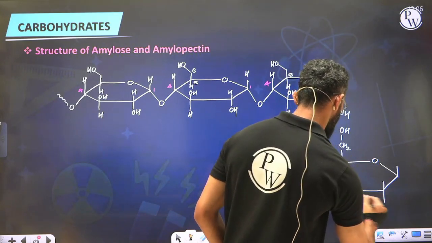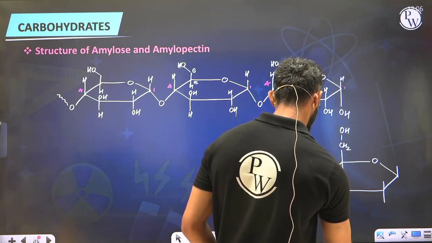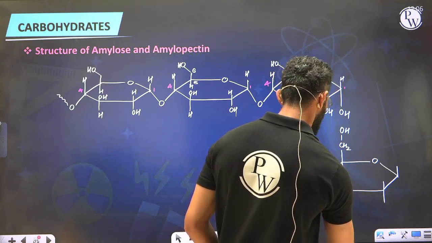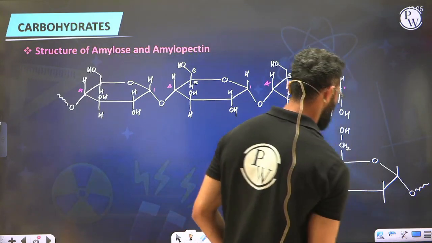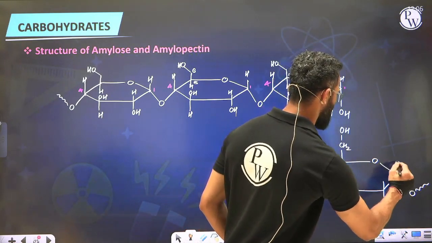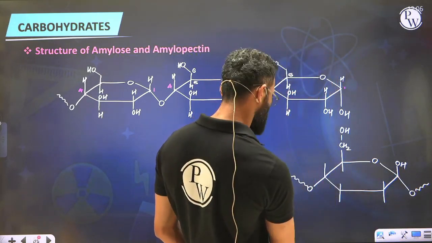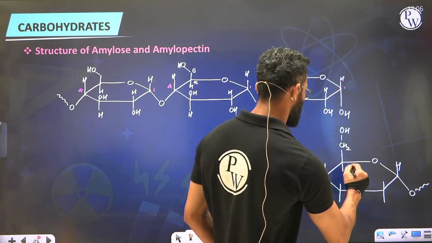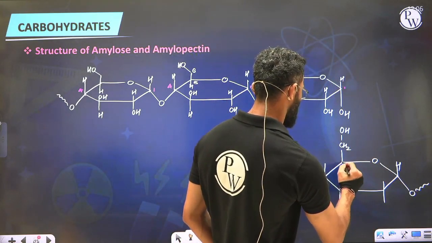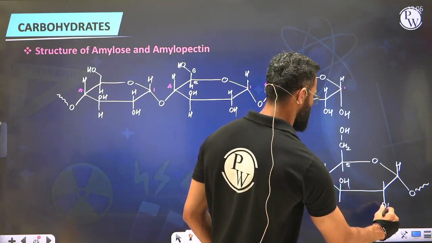One, two, 3, 4, 5. Further chain, O, further chain. Since it is alpha, right? So that has to be H. Carbon number 5. Right, right, left, and right.